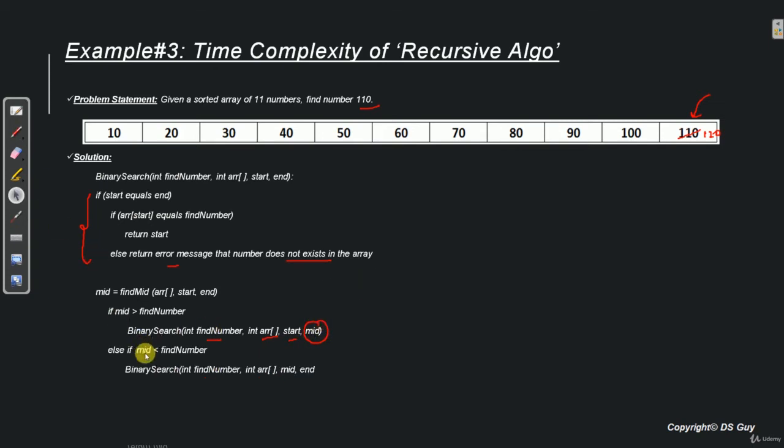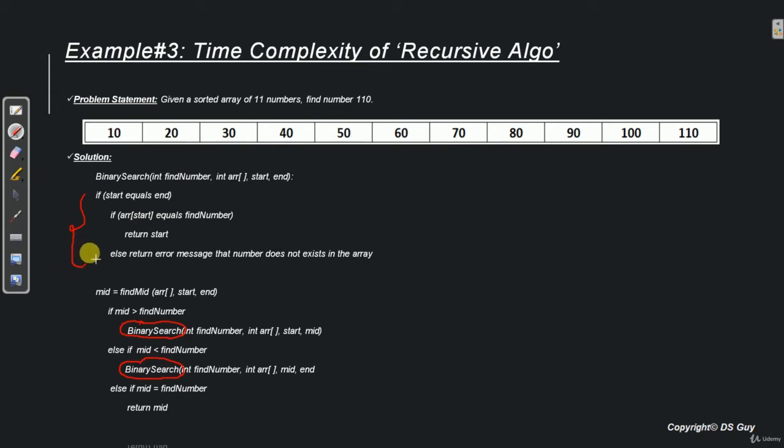In case mid is less than the find number, then we have to go towards right. So we again do a recursive call and this time the start changes to mid and we go on till end. And in case mid is equal to find number, then we are good. We simply return the cell number of mid. So here we see that we have two recursive calls, one call here and one call over here. And this is our base condition.